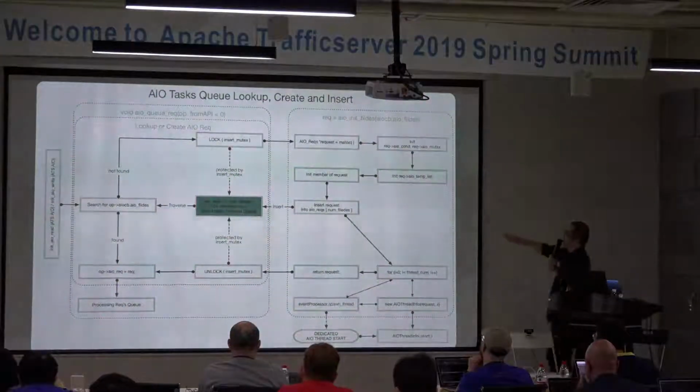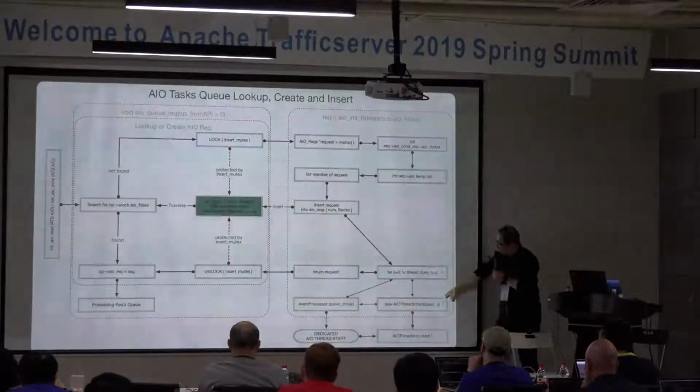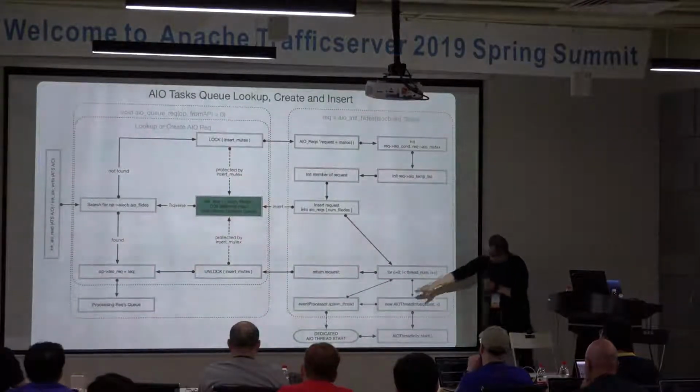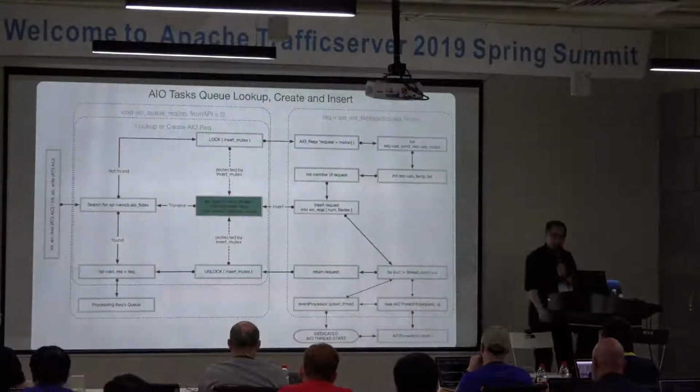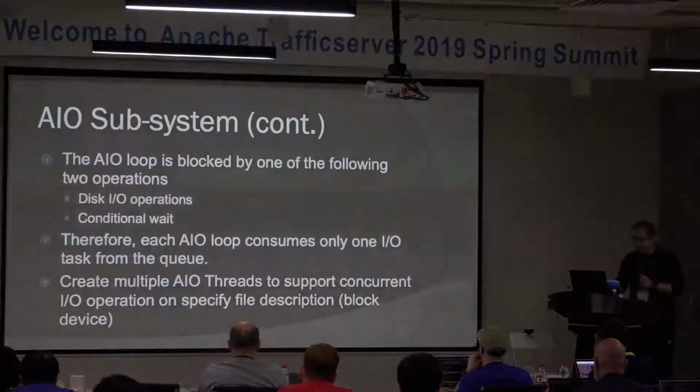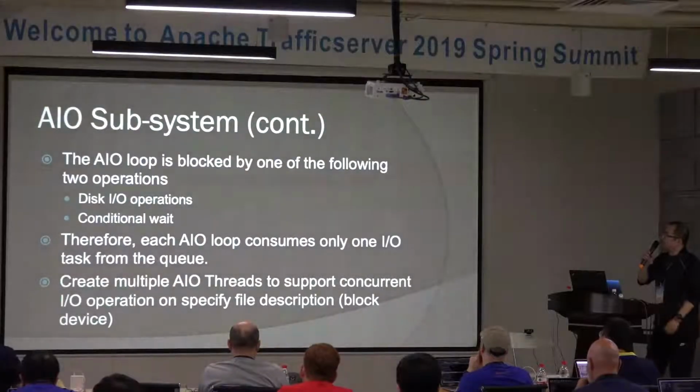For the AIO request structure, ATS creates a thread group, the AIO thread group, and it is a dedicated thread. And the AIO subsystem has an AIO loop.